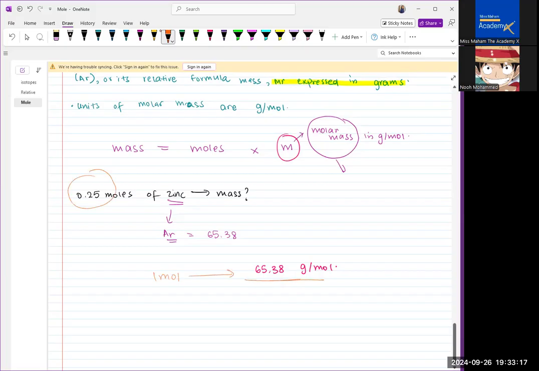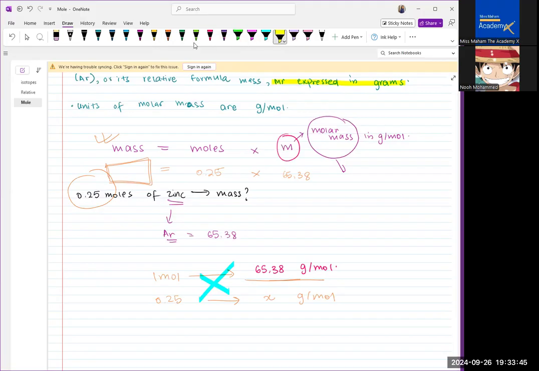So 0.25 moles of zinc will have how much mass, right? Either you cross multiply like this, or you use this formula where molar mass is 65.38, number of moles is 0.25, and you get the total mass, correct?